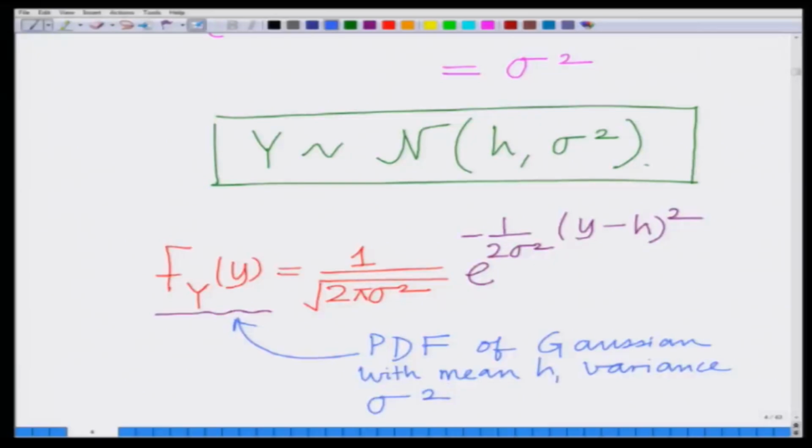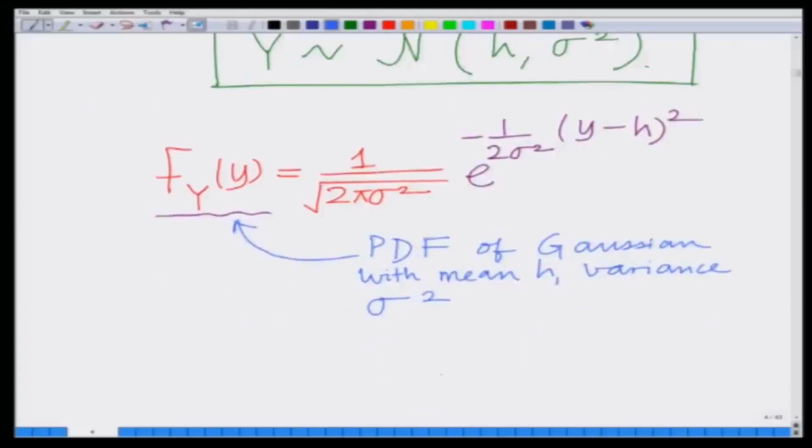So, that is the probability density function f_y of y, which is given as 1 over square root 2 pi sigma square, e raised to minus 1 over 2 sigma square, y minus h square. That is the probability density function of the observation y of the parameter h in the presence of the additive Gaussian noise v of mean 0 and variance sigma square.